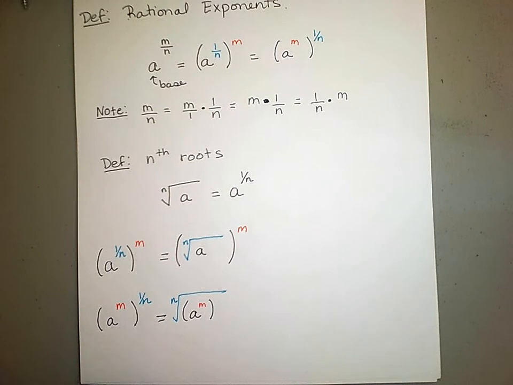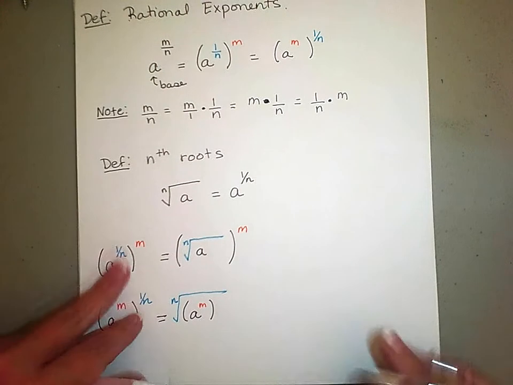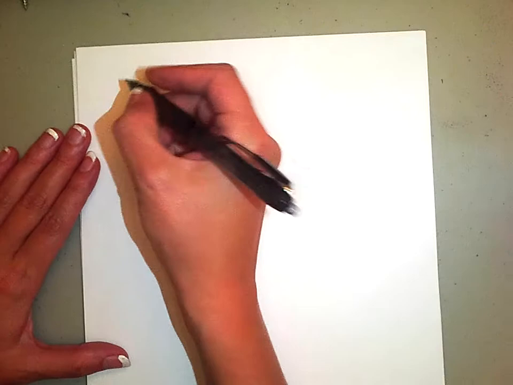We should know two common roots by heart, their graphs. The first one we should know by heart is the square root.